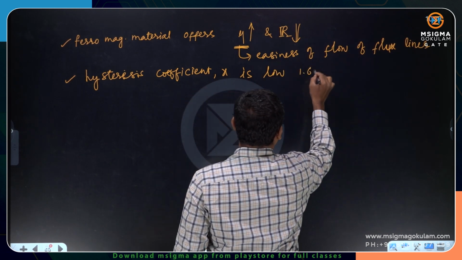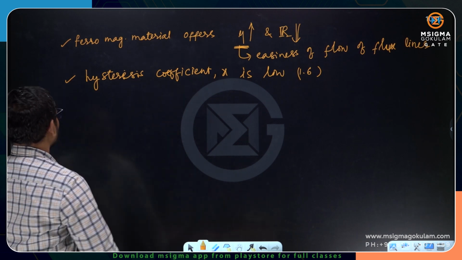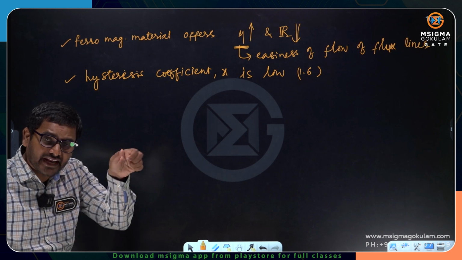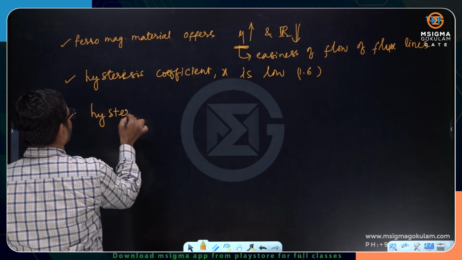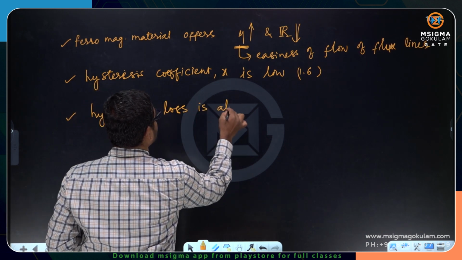Generally, it will be around 1.6 for steel, or in the 1.2 to 2 range. If the hysteresis coefficient is low, the energy consumption for the orientation of dipoles is also less, so I can say the hysteresis loss is also less.